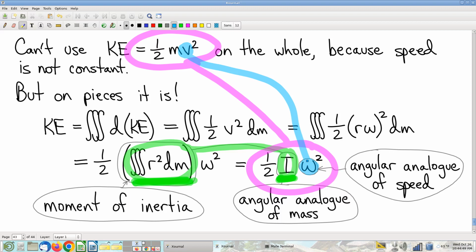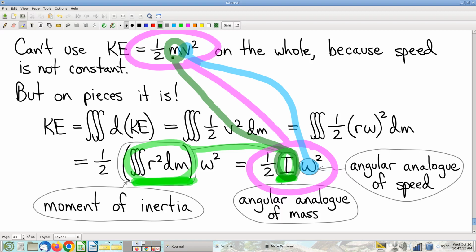So the structures are similar. The role that this is playing is it's really playing the angular version of speed. And so that strongly suggests that this thing that I've called I must be an angular version of whatever that is. Mass.